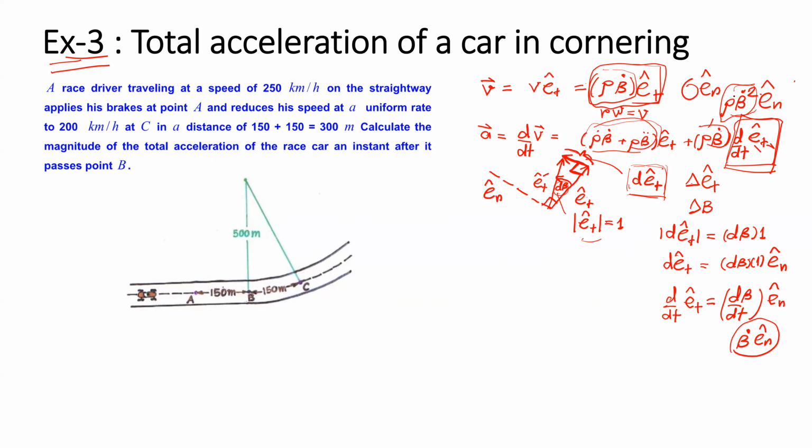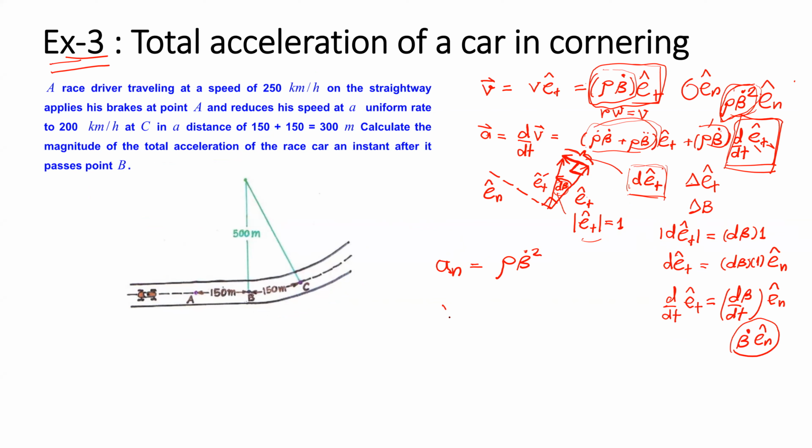Yeah, the normal acceleration, or the a in the normal direction, is equal to the radius of curvature multiplied by the angular velocity square.